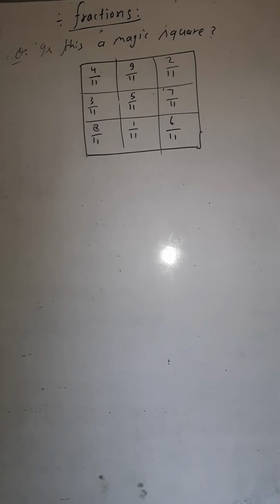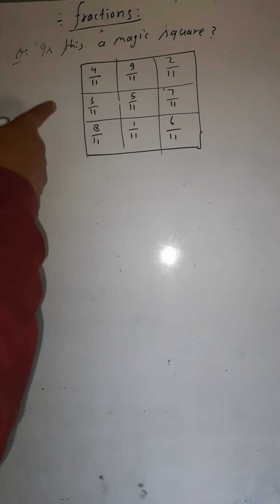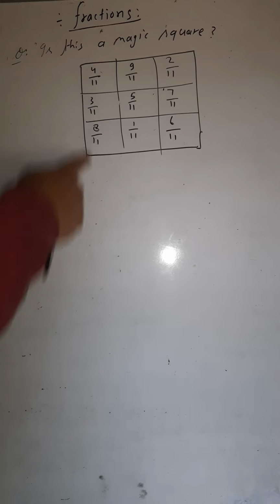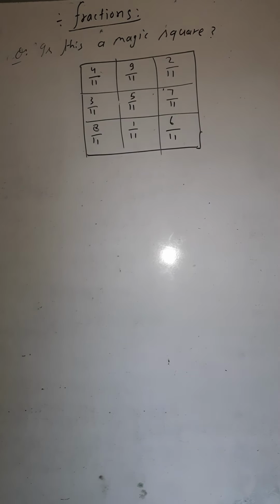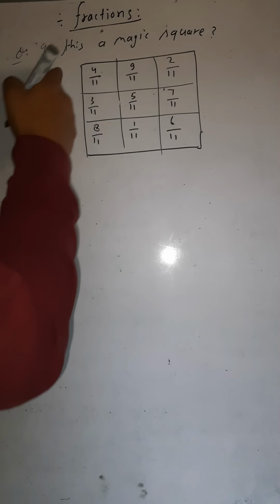This would be a magic square if the sum of the first, second and third rows, the sum of the first, second and third columns, and the sum of the first and second diagonals are all the same. So let me add the first row.